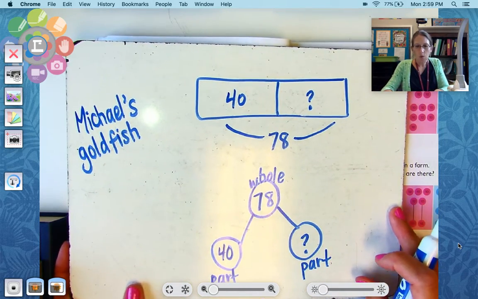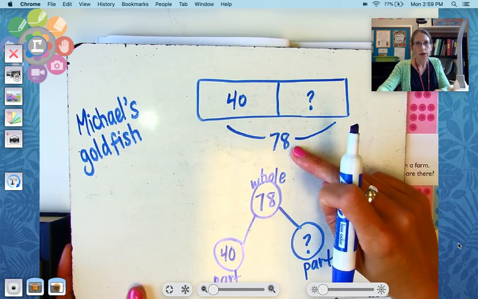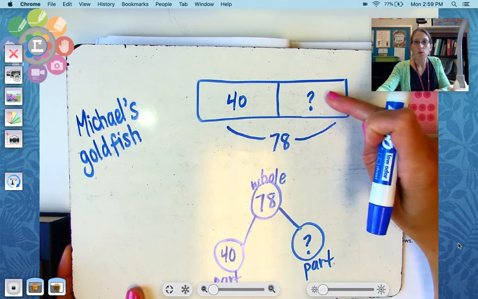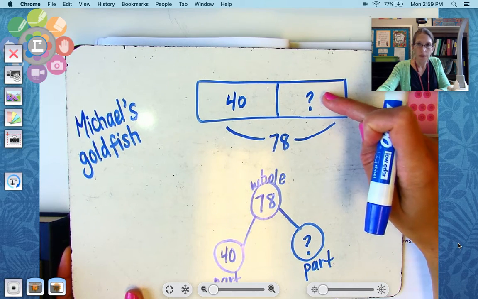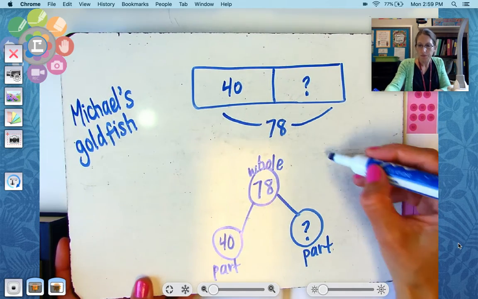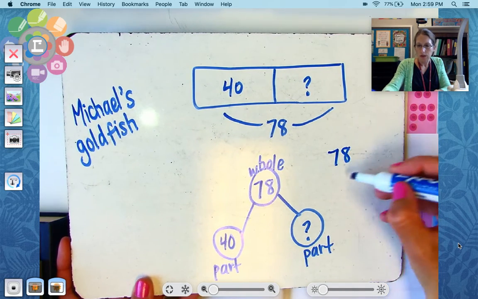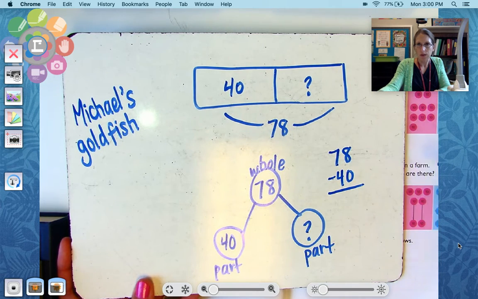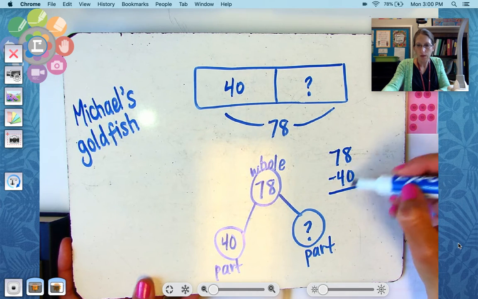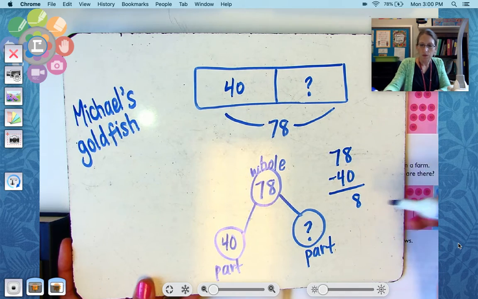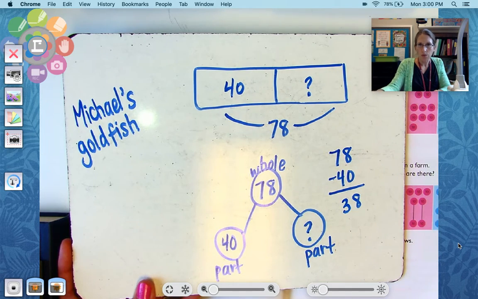Okay. So we can see here they've given us the whole number. He had 78. He sold 40 of them. So how many did he have left? We're trying to find the missing part. And to find a missing part, we're going to subtract. So 78 minus 40. We can do this the horizontal way or the vertical way. 8 minus 0, 7 minus 4, so 38.